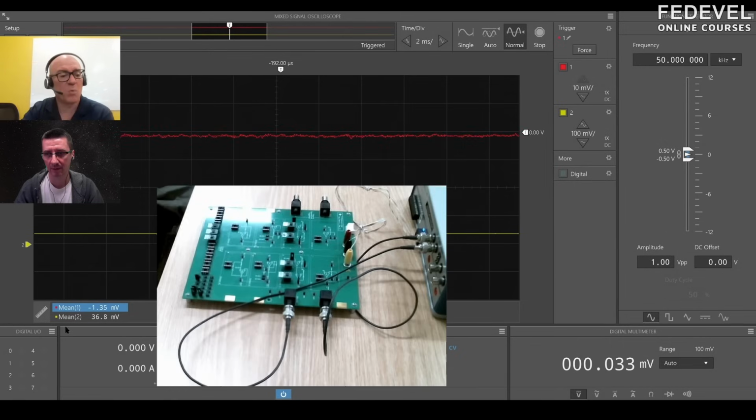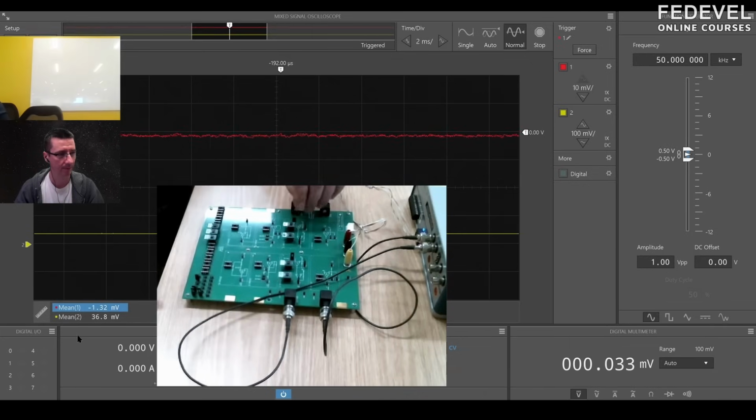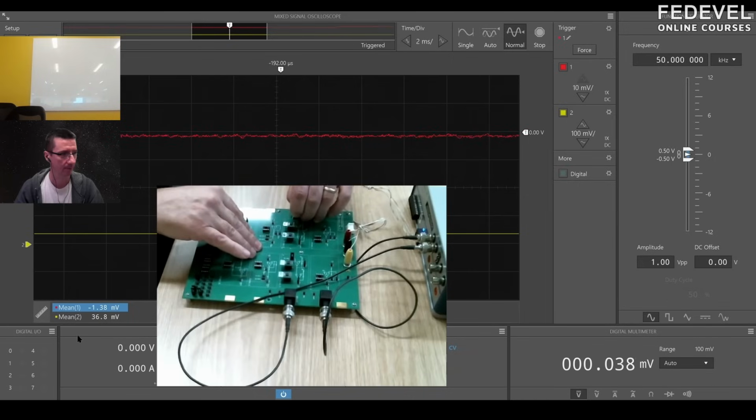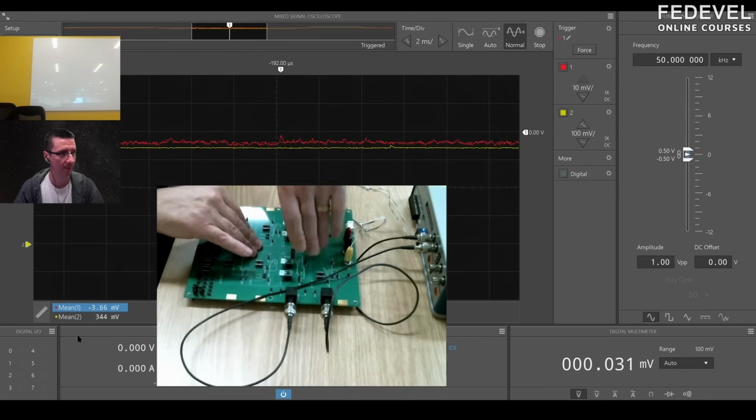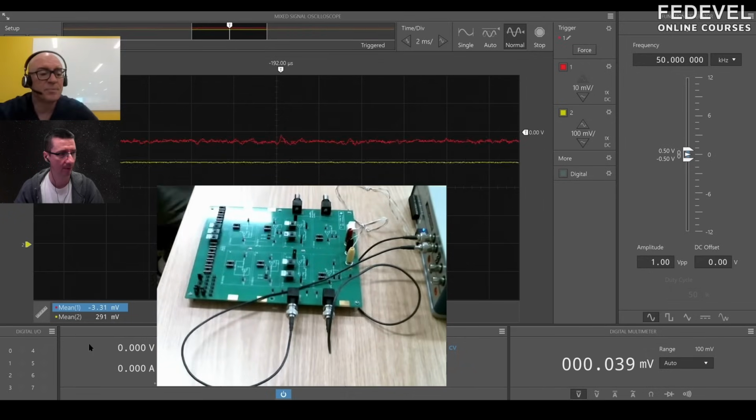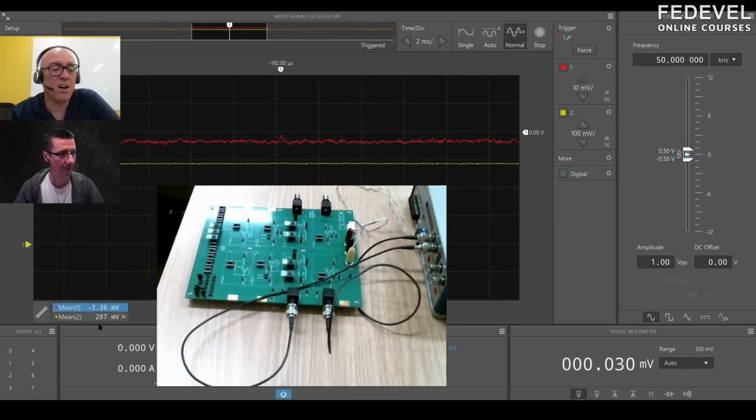Okay, so right now we're measuring about 1.3 for the low offset device and 36 for the higher offset device. So I'm going to move the jumper over to make the source resistance 5 kilo ohms, and you'll see that the offset of the device that's not optimized for DC performance jumped to almost 300 millivolts, 285 millivolts.